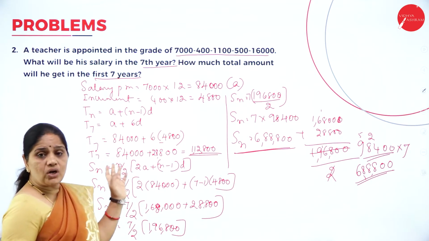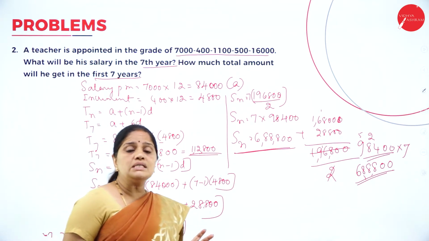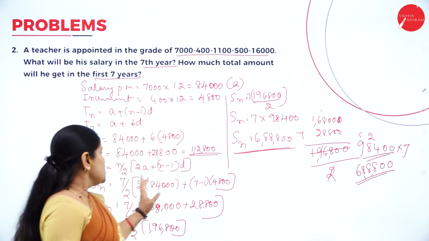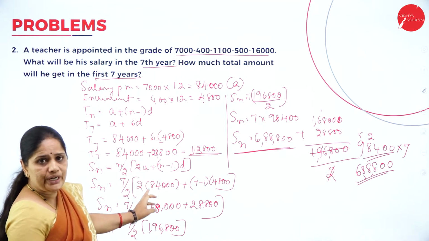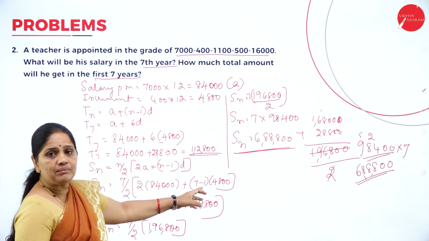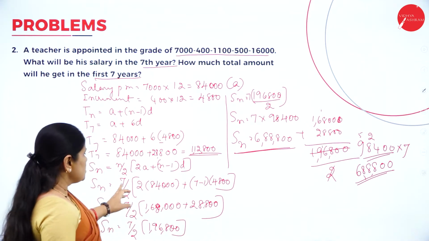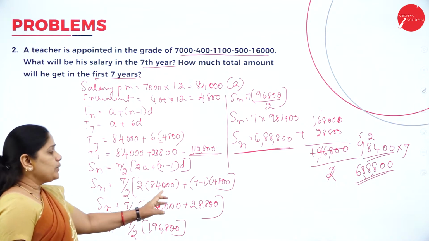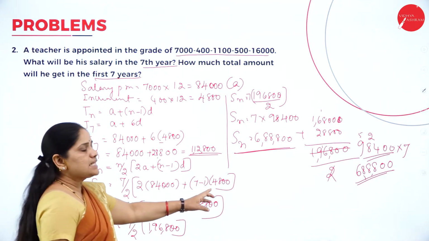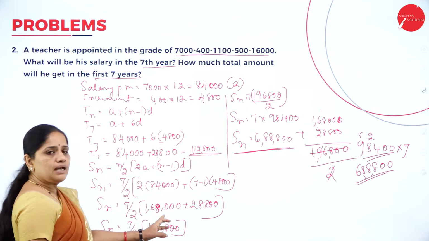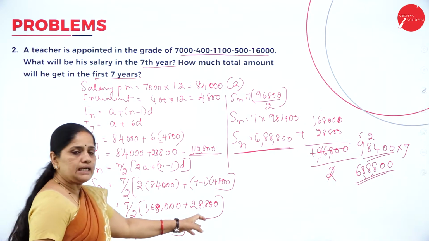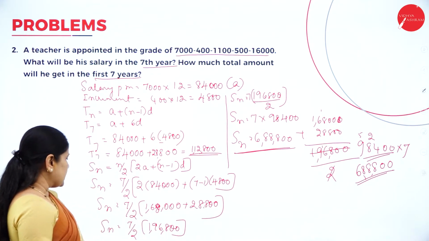Now they have also asked what is the total salary for 7 years. So I use the formula Sn equals n by 2 into 2a plus n minus 1 into d. So 7 by 2 into 2 into 84,000 plus 7 minus 1 into 4,800. So this comes up to 1,68,000 plus 28,800.